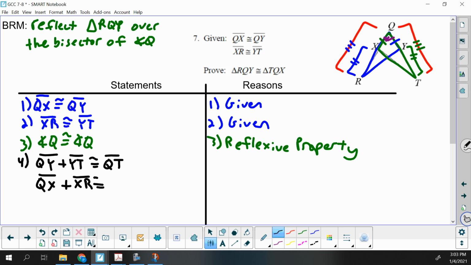And when we add those together, that's going to give us the QR. Each of them has 3 parts, so we should have 3 words in our statement. We were working with segments. Our operation was addition. And then postulate.